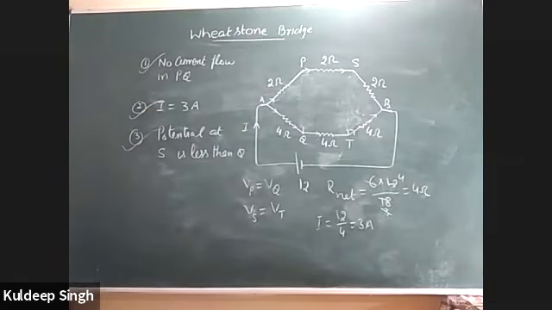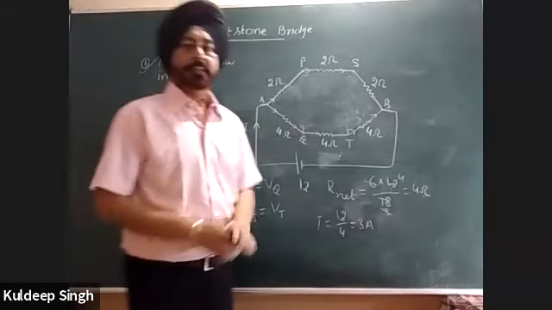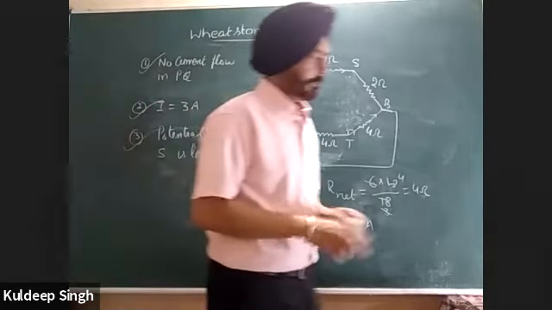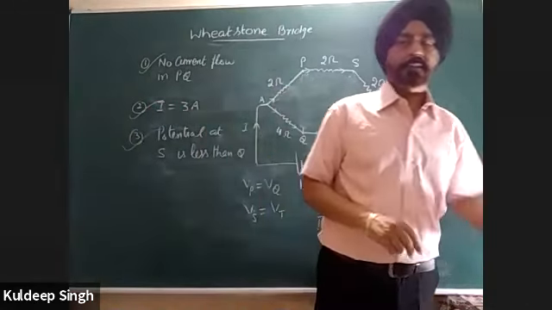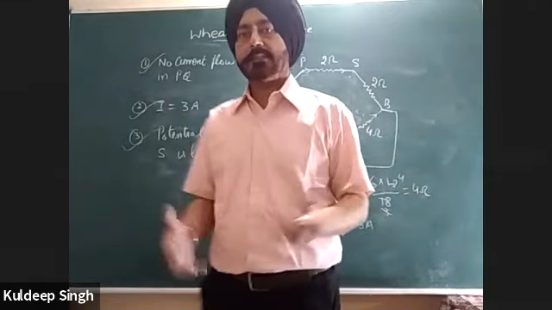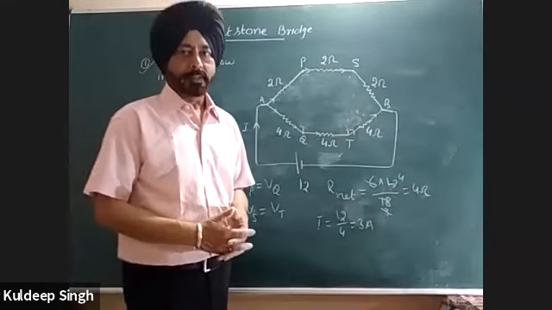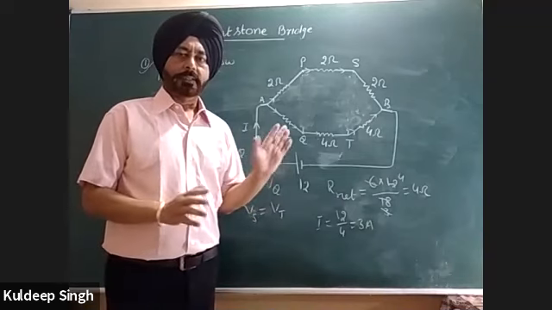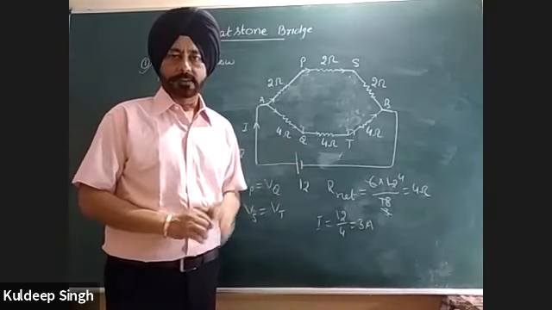So in this way, you can use the principle of Wheatstone bridge to solve many questions. And remember, there are only two tricks. When you find there are 5, 6, 7 resistances connected and they are not in series and parallel, you think about whether it can be a Wheatstone bridge.